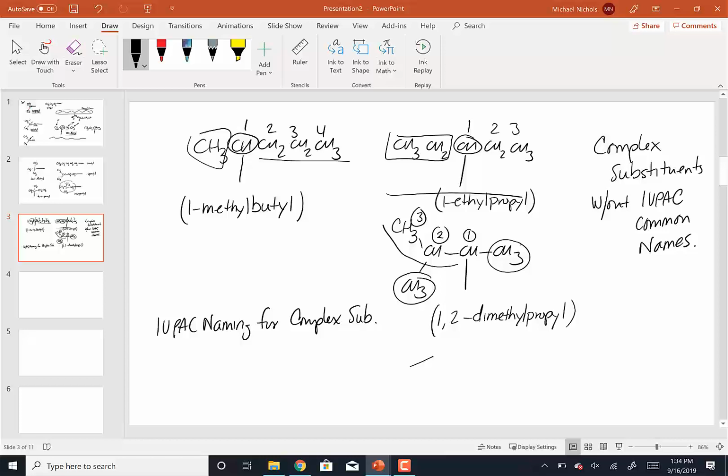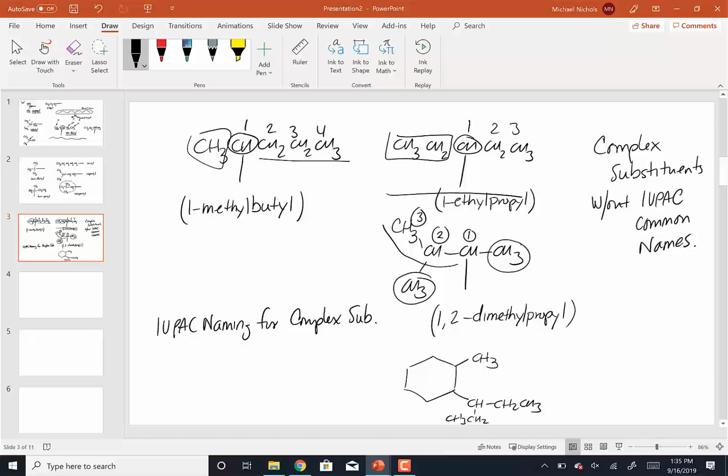So if I had a cyclohexane with, let's say, a methyl group here and a 1-ethylpropyl group there, I'm out of space.